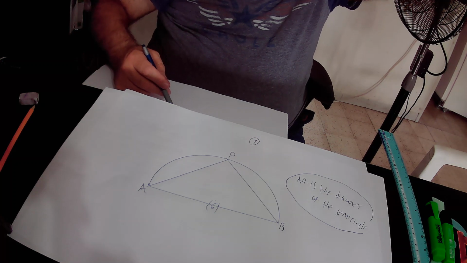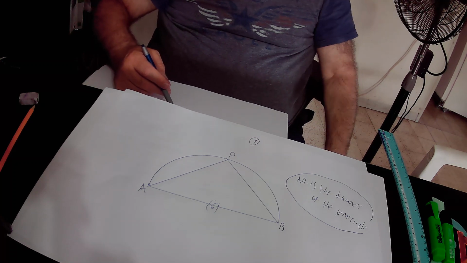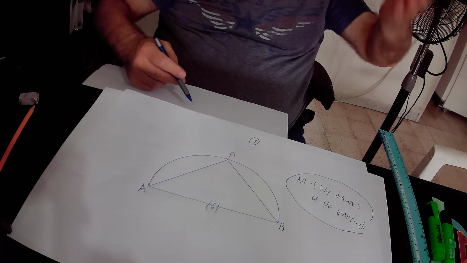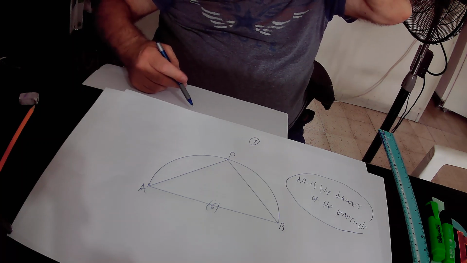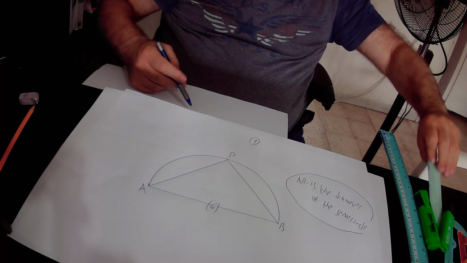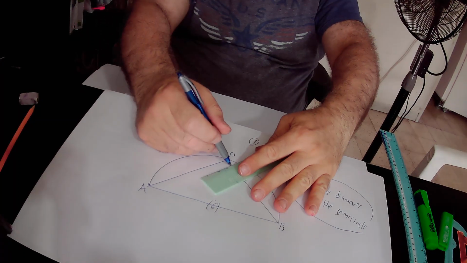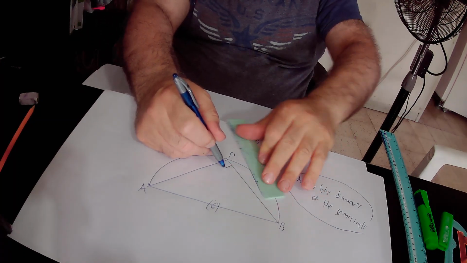And according to rule 7, any peripheral angle that is subtended on the diameter of the circle or semicircle must be equal to 90 degrees in its size. Therefore this angle equals 90 degrees according to rule 7.